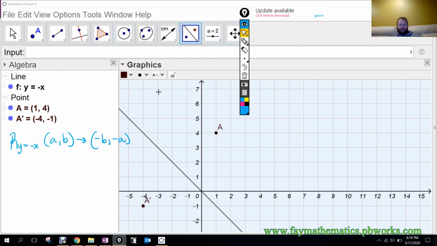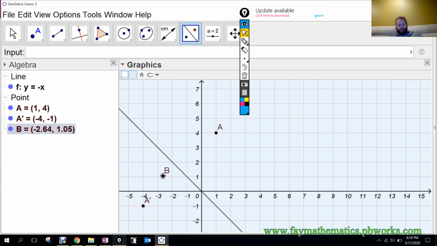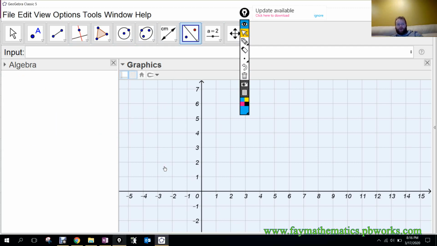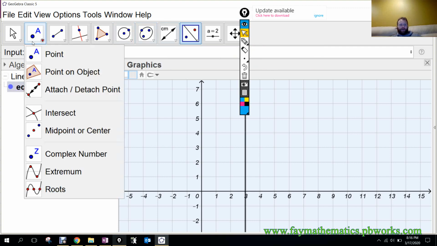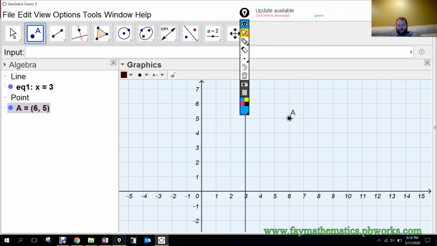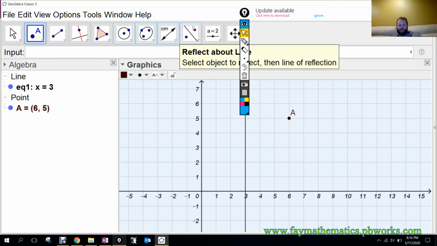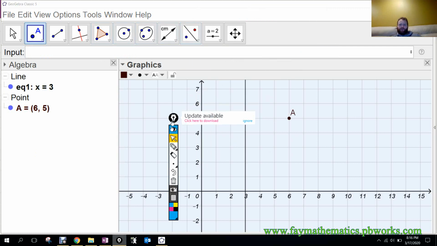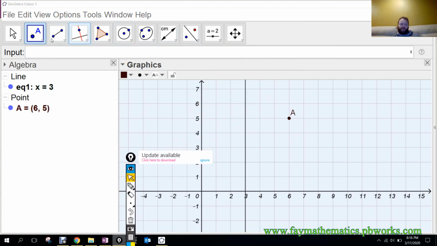Something that some people struggle with in the homework is what happens when we reflect a point not over those lines, but over a line like this. Say, let's take the line x equals 3. And I have that point right there, 6 comma 5. And I want to reflect it across the line x equals 3.